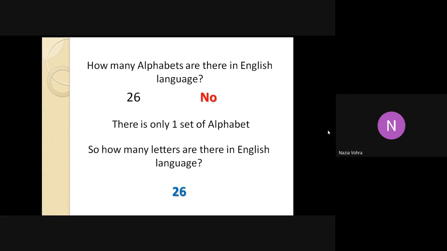Okay, so clear with this? So, how many letters do we have in English language? 26. How many alphabets do we have in English language? Only one set. Perfect. So today we will start with the pronunciation of these alphabets.